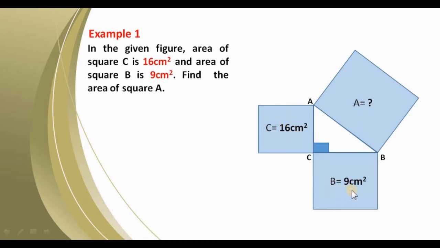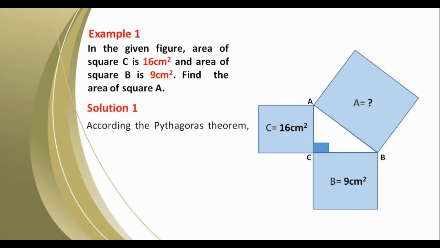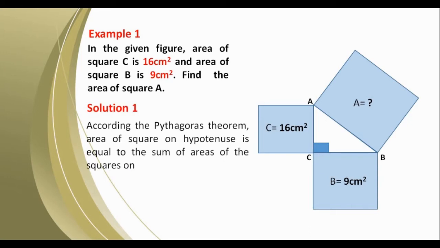Area of square B is given as 9 square centimeter, and we have to find out the area of square A. According to the Pythagoras theorem, area of square on hypotenuse is always equal to the sum of areas of the squares on perpendicular and base.